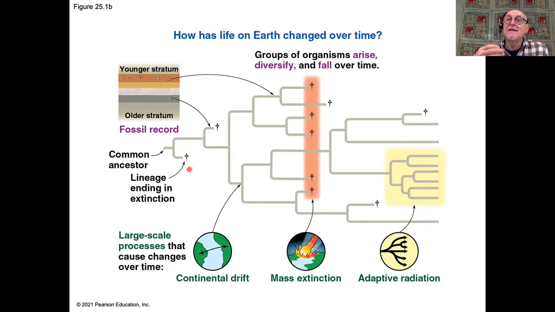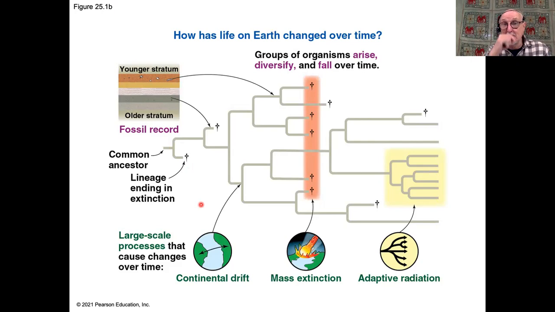So evolution is a mixture of development of lineages and extinction of lineages, and we can trace those as we look through the fossil record. So there are three things which, over very long periods of time, drive these evolutionary processes in particular.